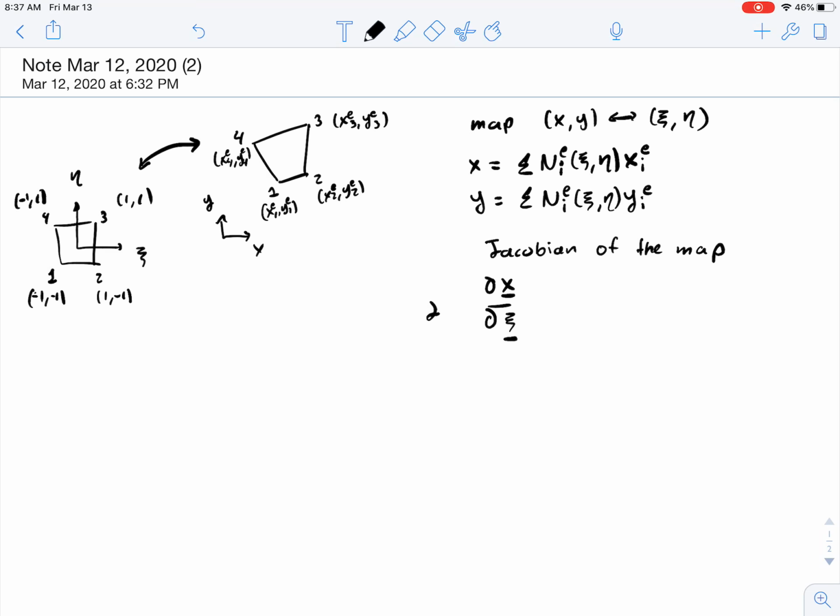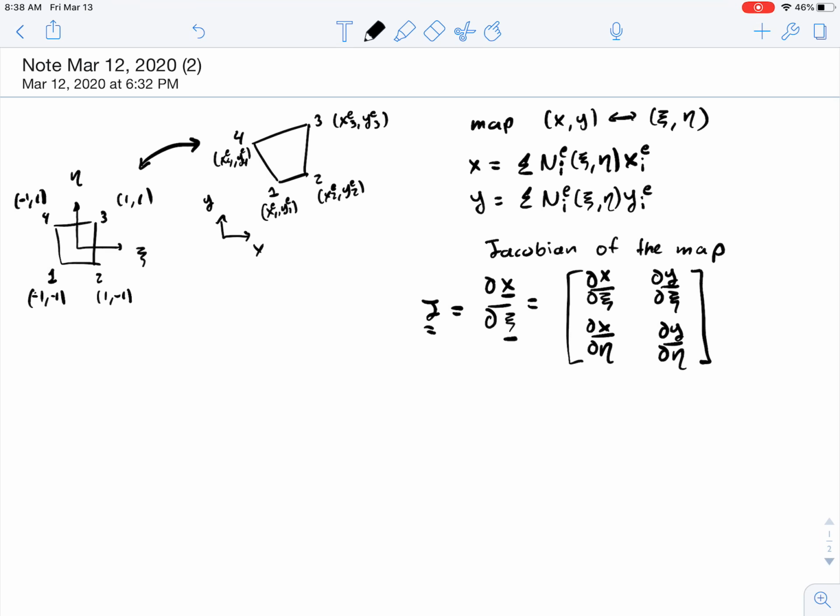So this is a 2 by 2 matrix. This would be the partial of x with respect to xi, the partial of x with respect to eta, the partial of y with respect to xi, and the partial of y with respect to eta.